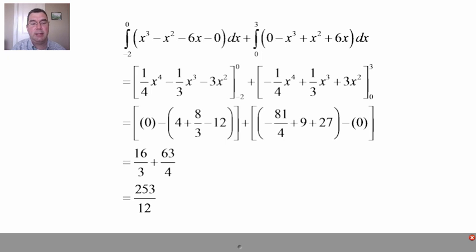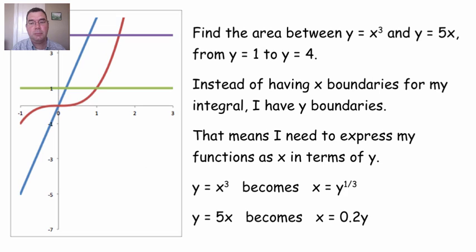The only weird thing that can happen is instead of being asked to find the area between two x's, you'll notice that this is the area here that I'm asked to find the total area of.